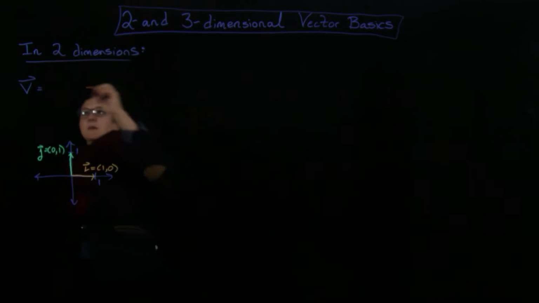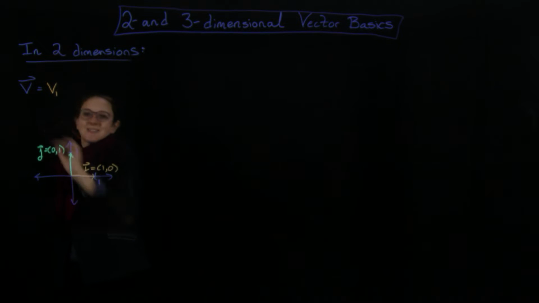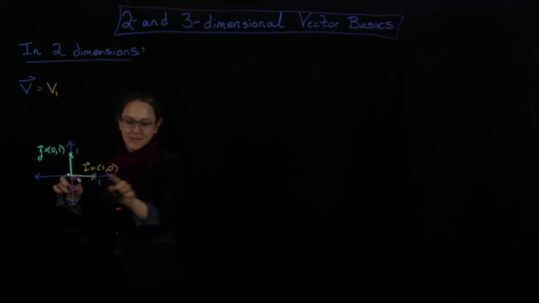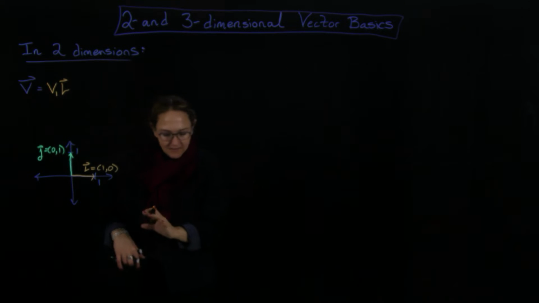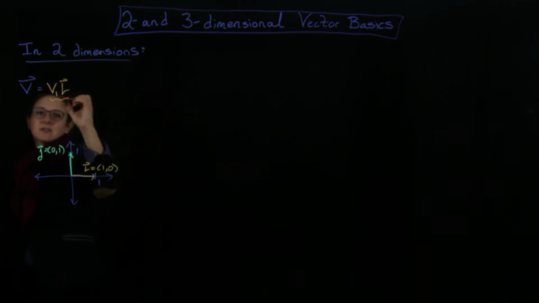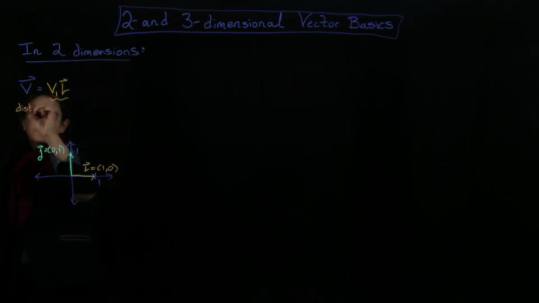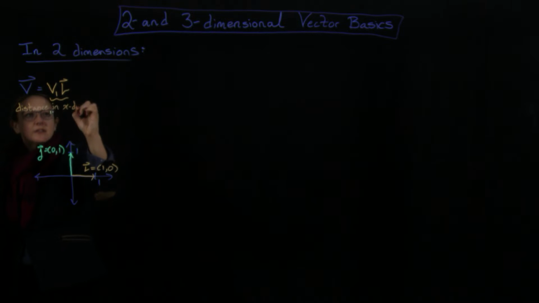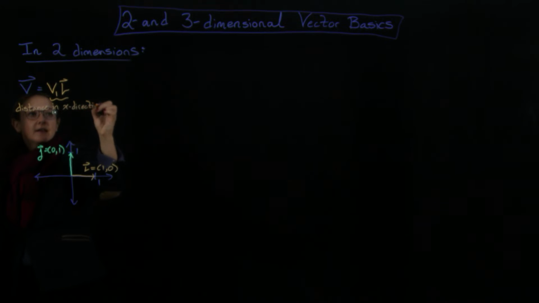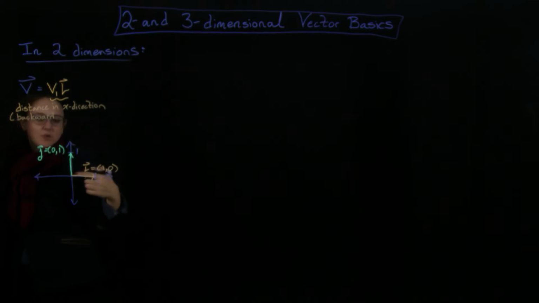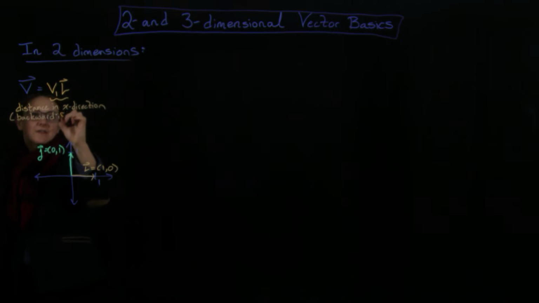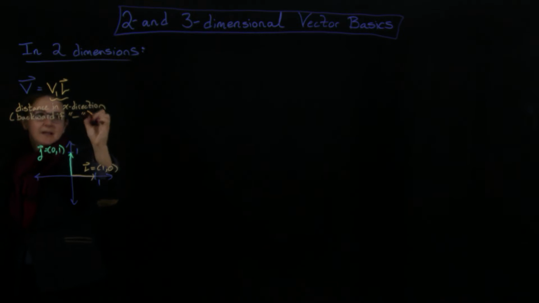So we have v1, the scalar that tells me how much I'm going to scale, or multiply, the vector i by. This gives me the distance in the x direction, and you wouldn't be surprised that it goes backwards, pointing in the other direction, if there's a minus in front of it.